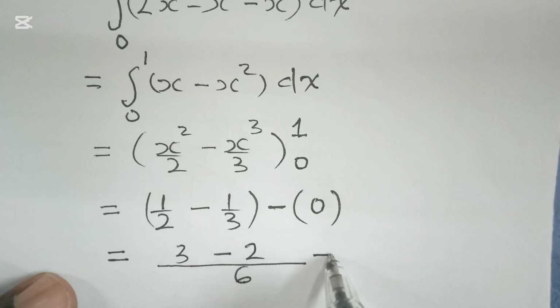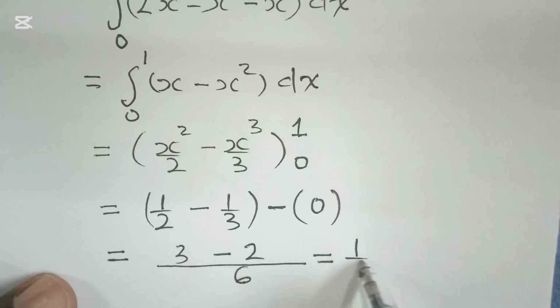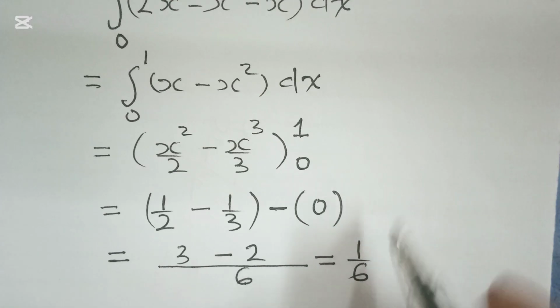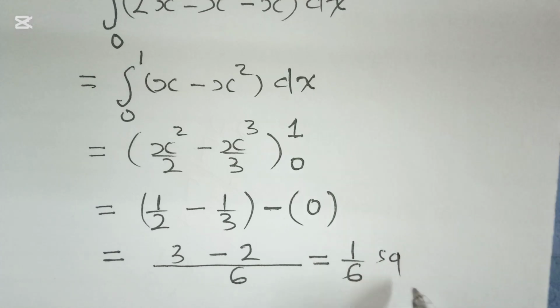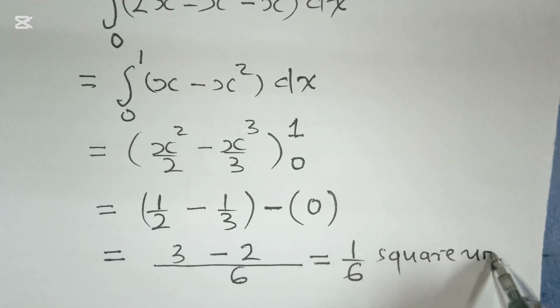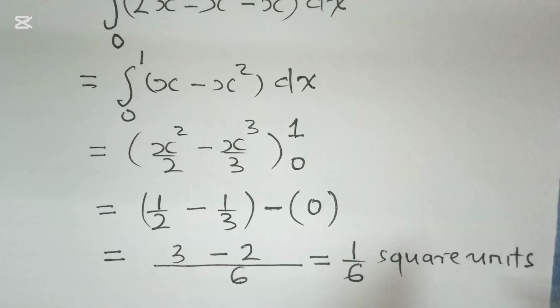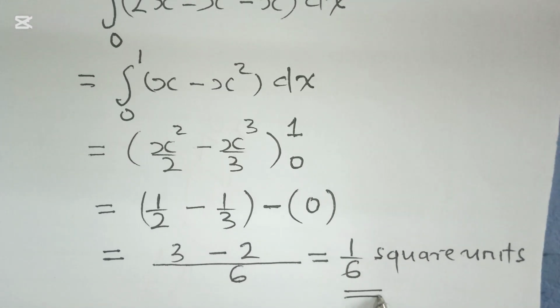And so therefore, guys, our solution is going to be 1 over 6. So this is now what we get, square units. Of course, guys, it's not compulsory to say that, but this is our solution.